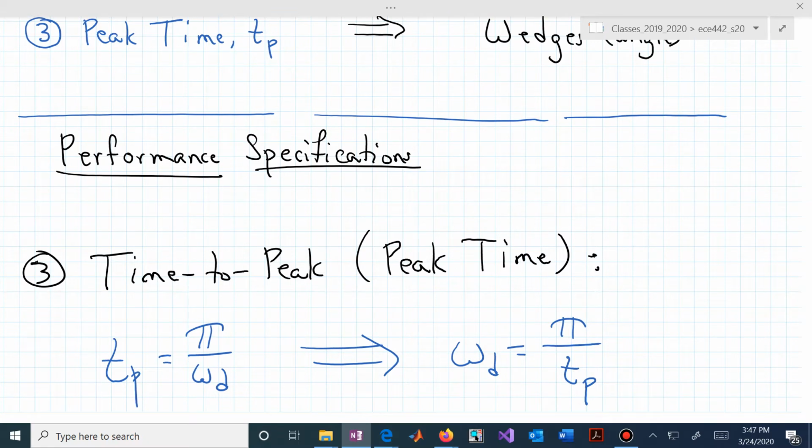Remember, time to peak for a second order underdamped system, T sub p, is pi over omega sub d, with omega sub d being the damped frequency of oscillation. That allows us to rewrite the relationship as omega sub d equals pi over time to peak.